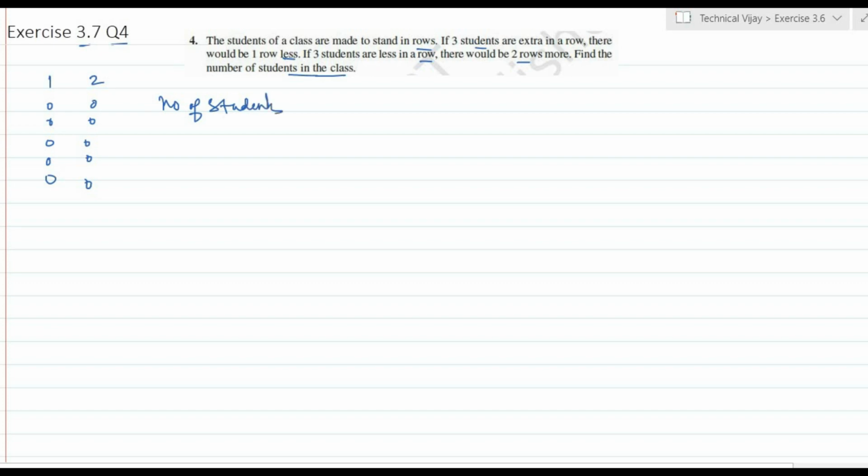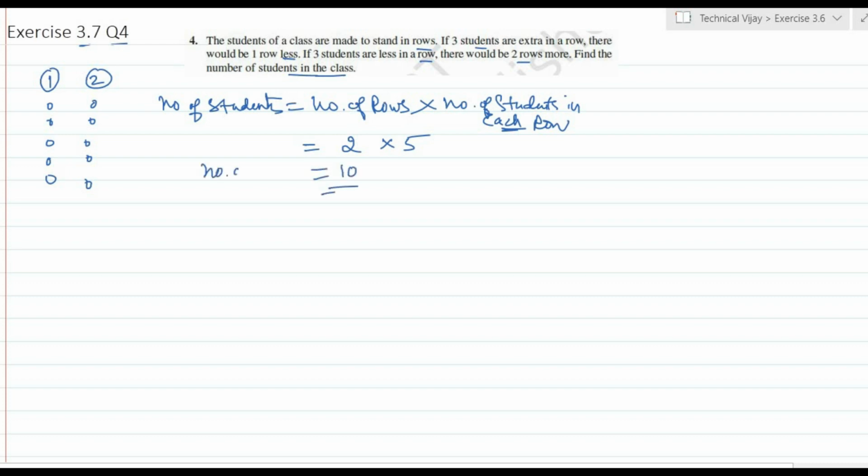The total number of students is equal to the number of rows into the number of students in each row. See here, the number of rows is 2, this is one row and this is the second row, and the number of students in each row is 5. So this is equal to 10. So the number of students is equal to 10. In this way we are calculating.